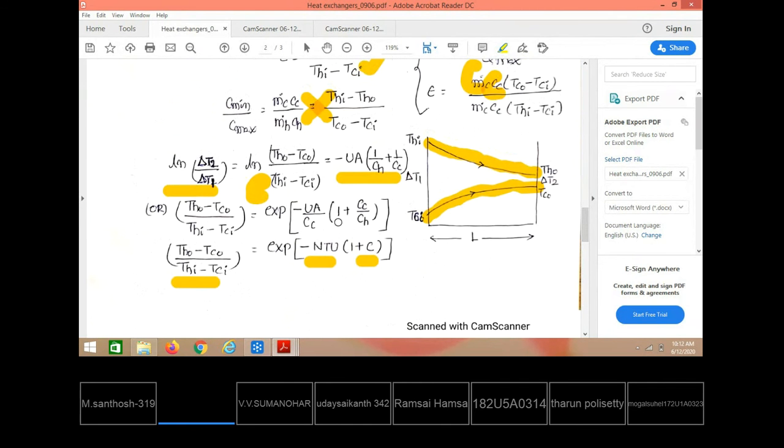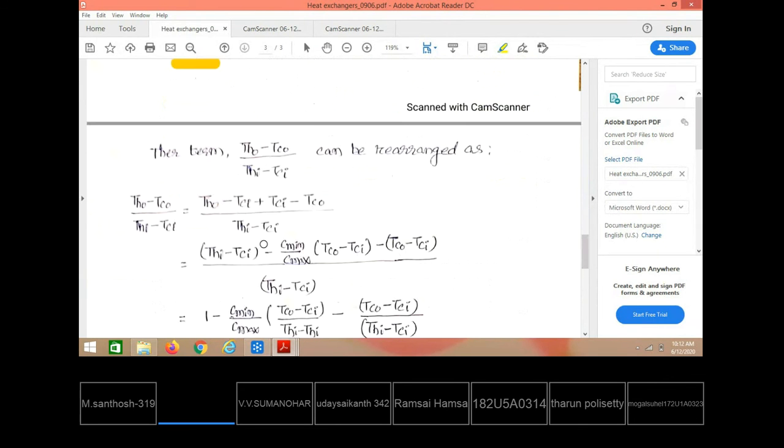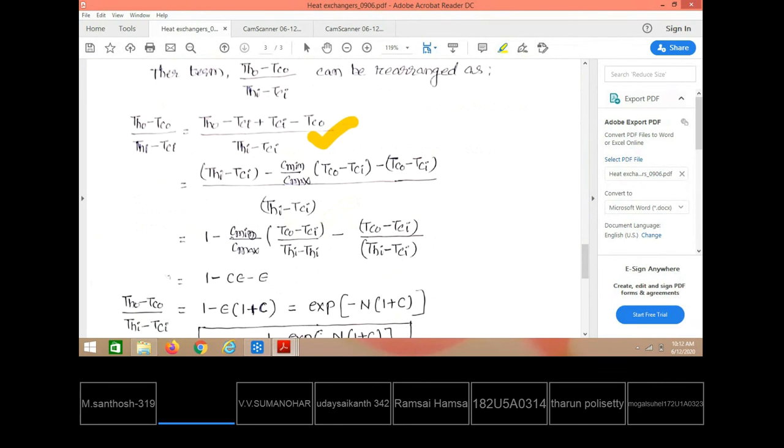By replacing T_ho from this relation and rearranging the terms, I get 1 minus C minimum by C maximum, times (T_ho minus T_ci) by (T_hi minus T_ci), minus (T_co minus T_ci) by (T_hi minus T_ci). Sorry, it is T_ci, not T_hi, that was wrongly taken.